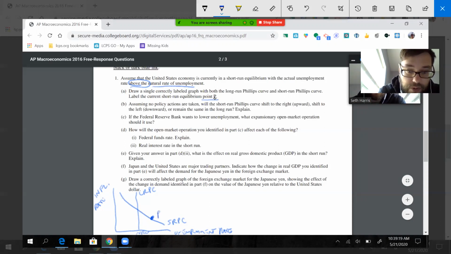We're going to label that point P. And you know, they didn't give us any actual values, but the unemployment rate would, in this case, be above the natural rate of unemployment, and inflation rate would be somewhere over here. So that's essentially what you had to do for part A. Just sort of draw the generic Phillips curve graph there.